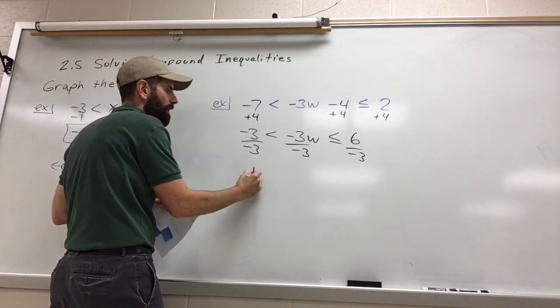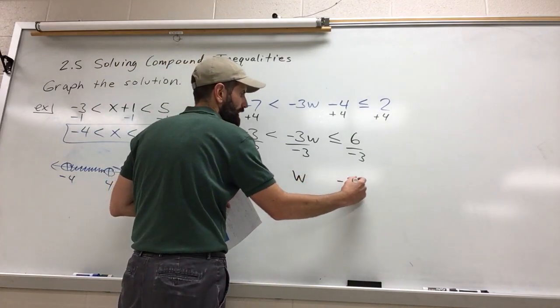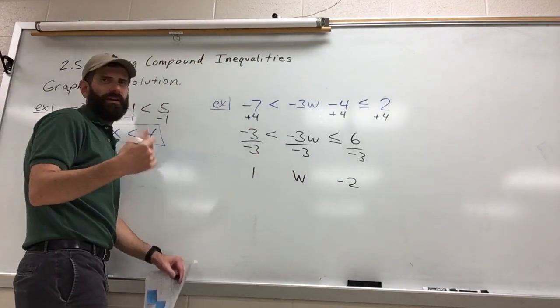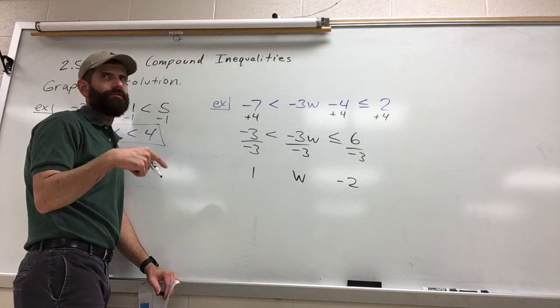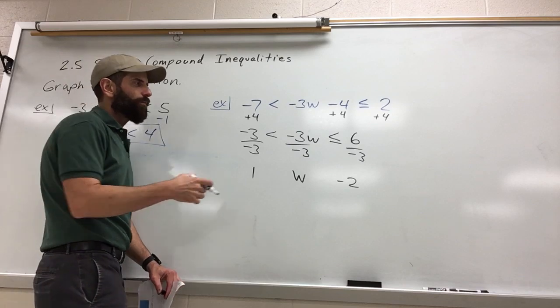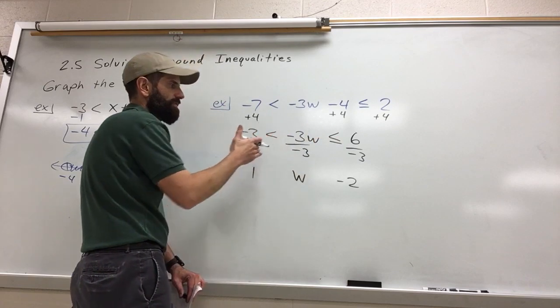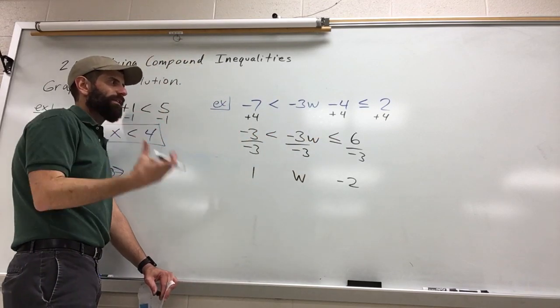And I'm going to get a 1, I'm going to get a w, I'm going to get a -2. But class, what did I just do? I divided by a -3. And when we do that, it changes the inequality relationships. They flip.